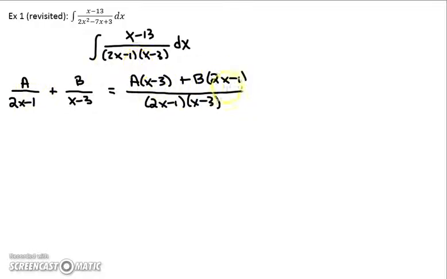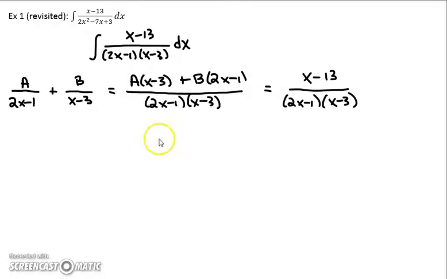We'd have this thing working out, and we know that this is going to be equal to (x - 3) over (2x - 1)(x - 3). The trick is we need to find A and B, such that A(x - 3) + B(2x - 1) is going to simplify to x - 3.